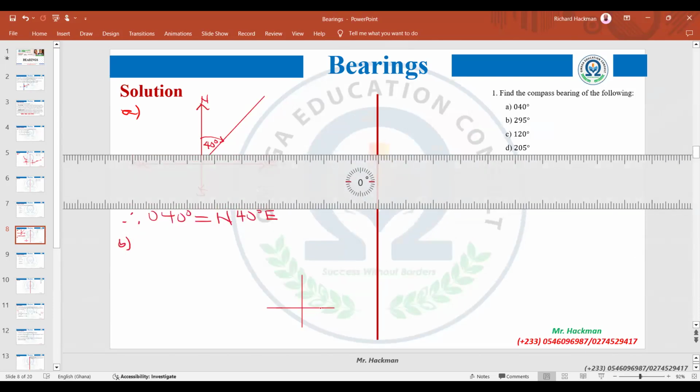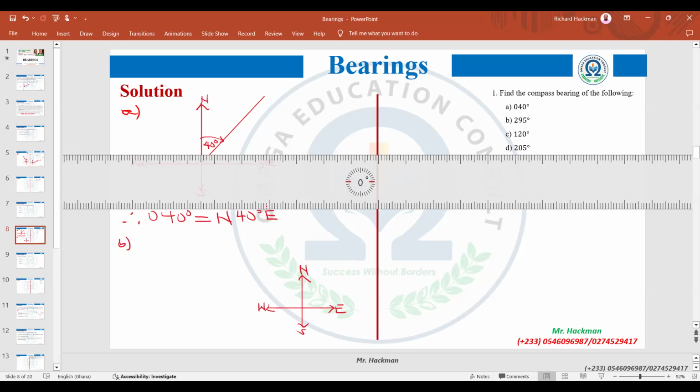Don't forget, when you are drawing for the true bearing, you indicate the north only. But now you know that you need the compass bearing, so that will imply that you have to indicate the other cardinal points. And like I said, this will be a ray, and anytime you see that, you see arrows there as well. So we are looking at what?